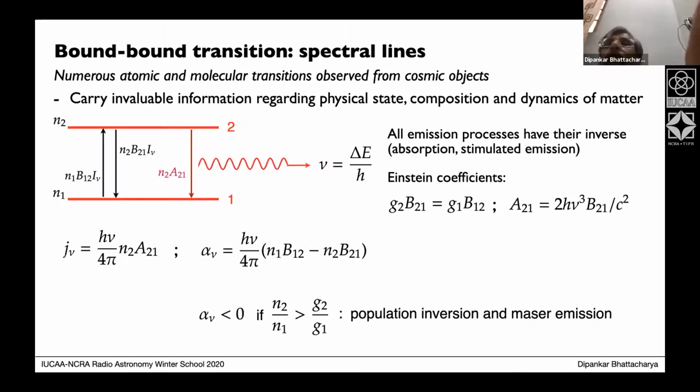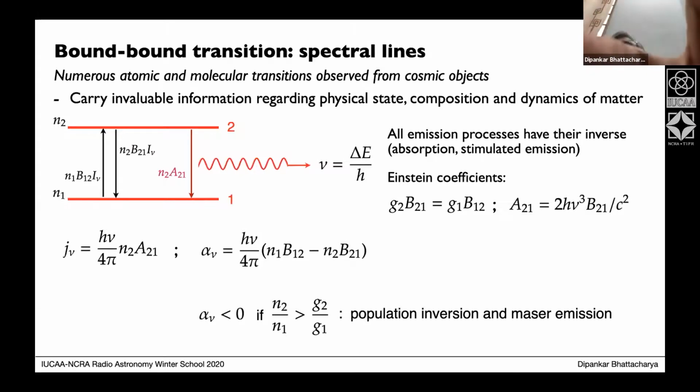If there is a photon of frequency nu, where h nu is equal to the energy difference between these two states, then that incident photon could be absorbed, and that probability is given by an Einstein coefficient called B12, going from state 1 to state 2.